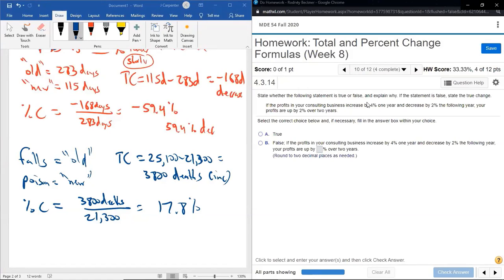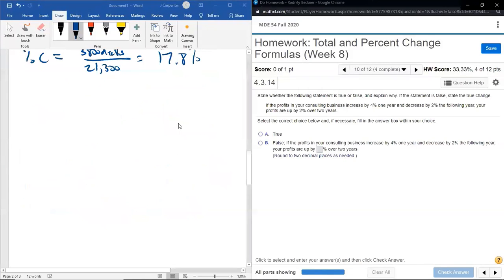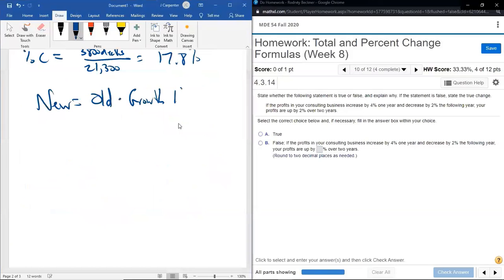So this is where we said you can use that formula that the new is equal to the old times the growth factor, where your growth factor is 1 plus x as a decimal.